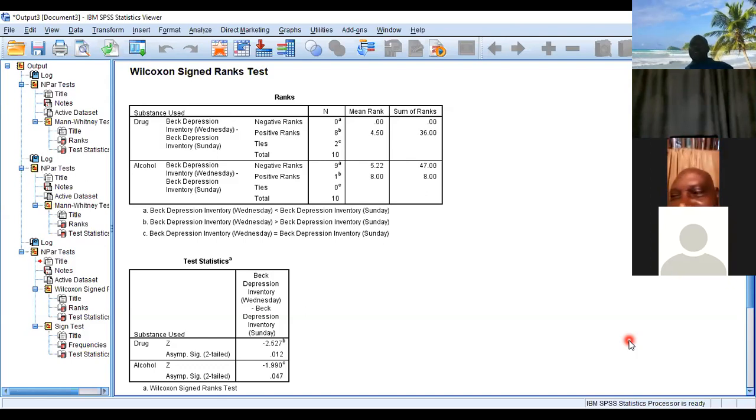You rather say negligible correlation, moderate correlation, strong correlation. If it's 0 to 0.2, negligible; 0.2 to 0.5, medium; 0.5 to 0.8, moderate; 0.8 to 0.99, that is strong; but 1 is perfect.